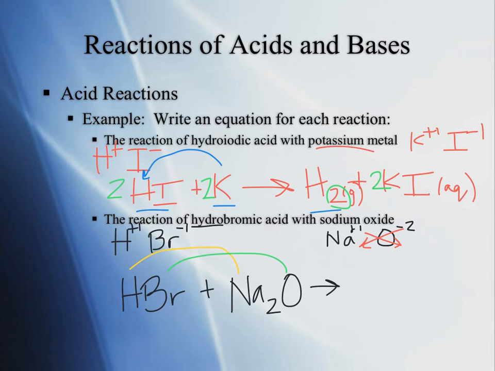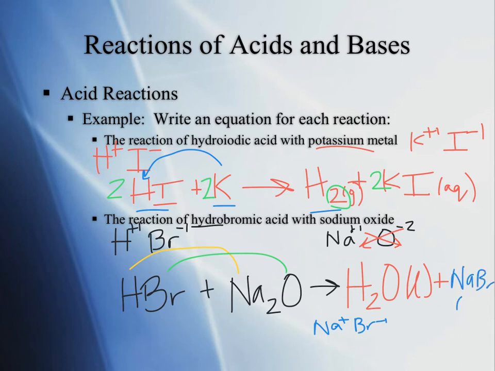So H, instead of being with Br, is going to hook up with O. Every time that happens, we need two H's to cancel out that O, so we have H2O liquid being formed. Then Na, the metal atom, hooks up with Br, the non-metal atom. Na is a +1, Br is a -1, so that's just NaBr, and that one is aqueous, dissolved in water.